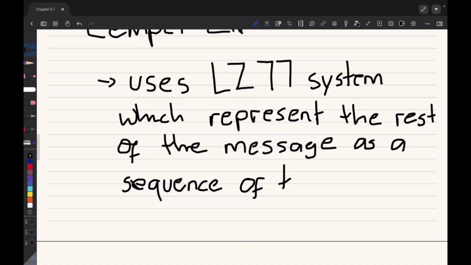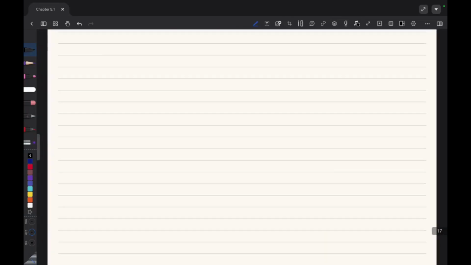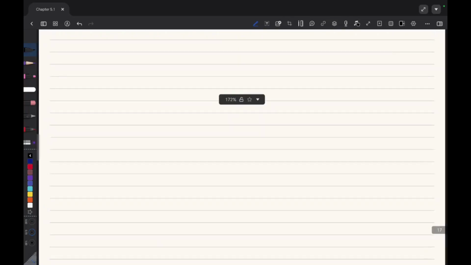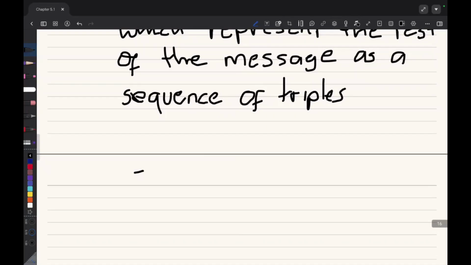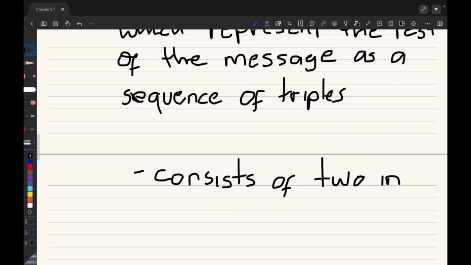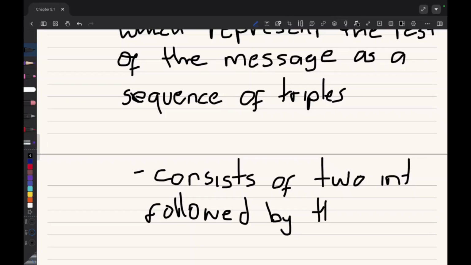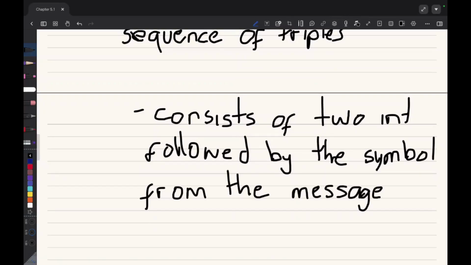And these triples that we're talking about consist of two numbers, which are integers, followed by the symbol from the message.